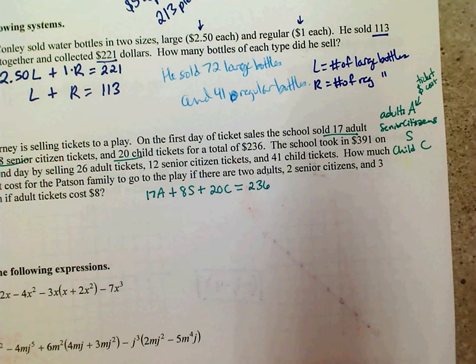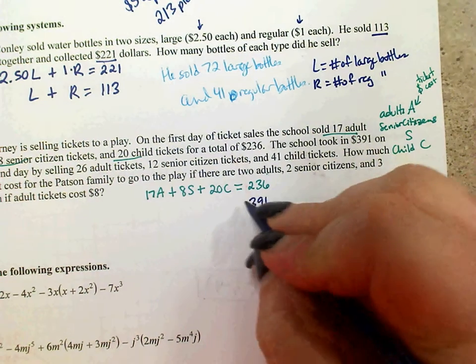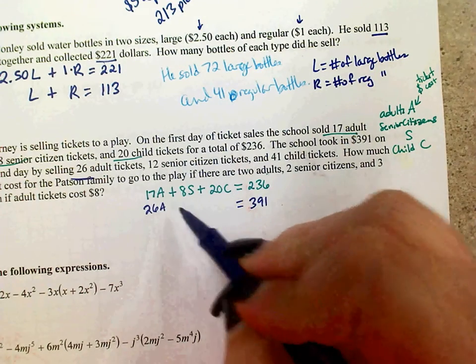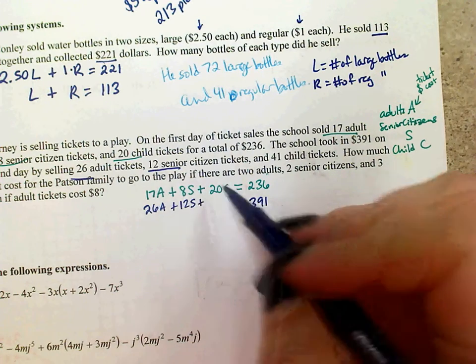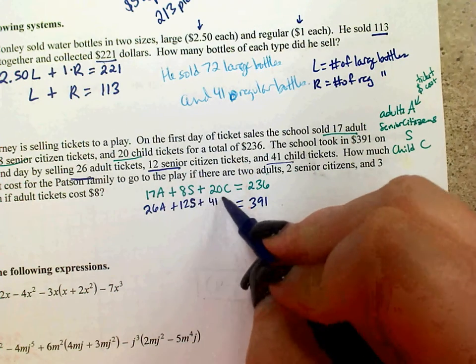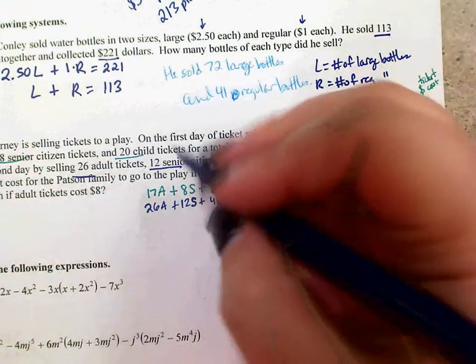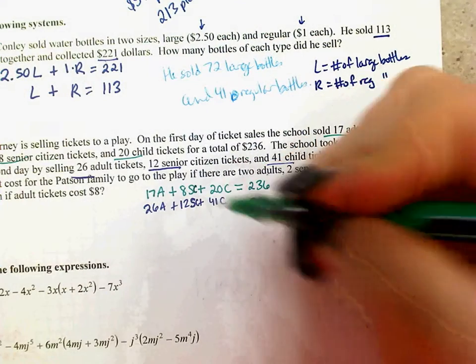On the next day, they took in $391 by selling 26 adult, 12 senior citizen tickets, and 41 child tickets. Okay? I'm going to go ahead and put senior citizen, although I should have just done X, Y, and Z, or A, B, C, oh well. Okay.